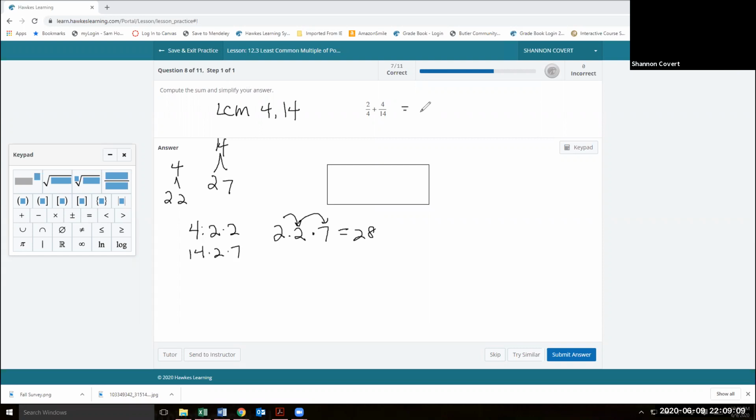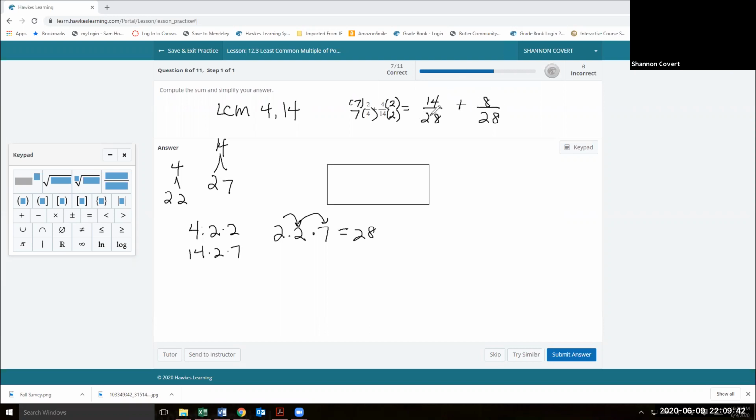So I'm going to rewrite these two fractions so that they're both over 28. 4 times 7 gives me 28. So if I take 4 times 7 in the denominator, I have to take 2 times 7 in the numerator. So that becomes 14 over 28. 14 times 2 gives me 28 with my second fraction, so I have to take the numerator times 2. 4 times 2 is 8.